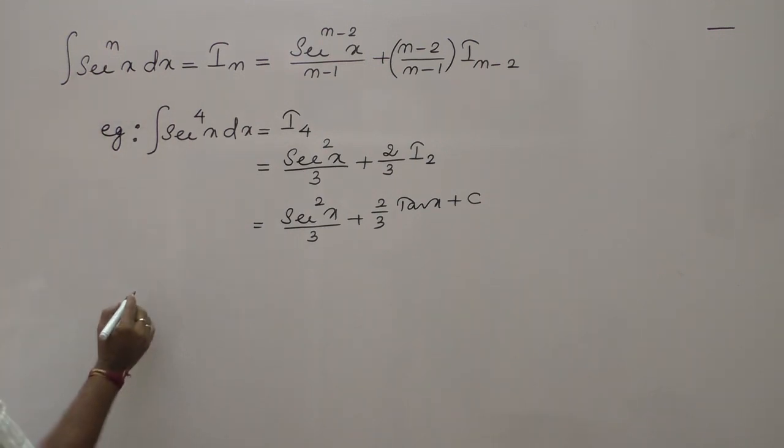So there is a reduction formula for cosec also.